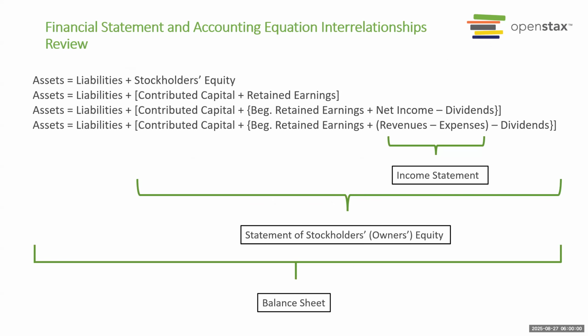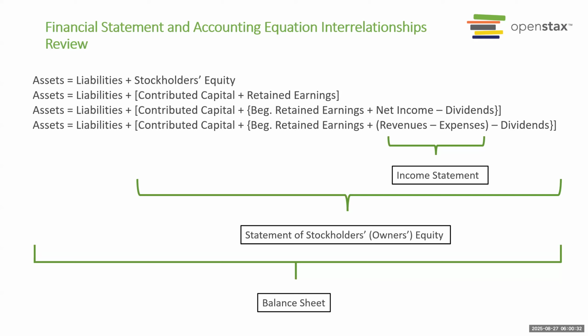So let's look at the financial statement and accounting equation interactions. We've already looked at assets equal liabilities plus owner's equity. Then we added in assets equal liabilities plus contributed capital and retained earnings. And then we got in even greater detail, and we have assets equal liabilities plus contributed capital plus beginning retained earnings plus net income minus dividends.